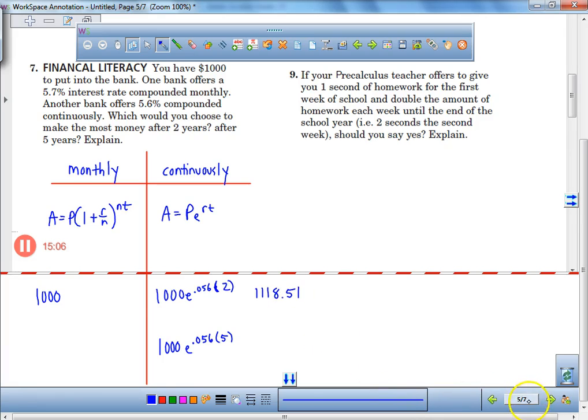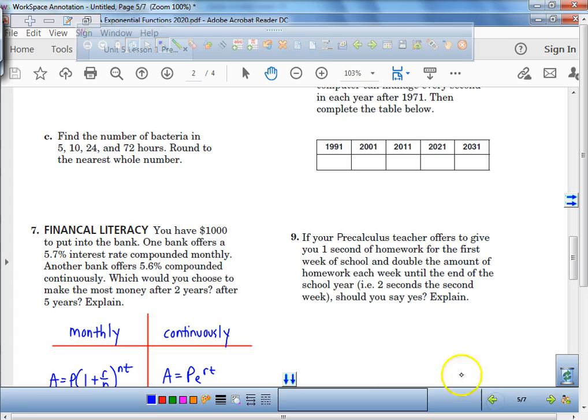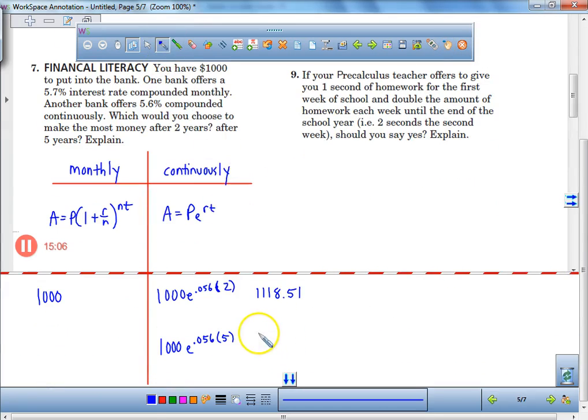And what was the other one? 1323.13. So this is after 2 years. This is after 5 years.